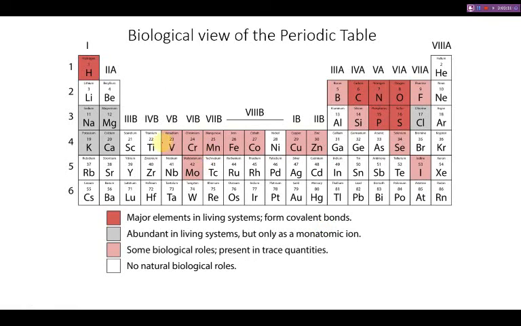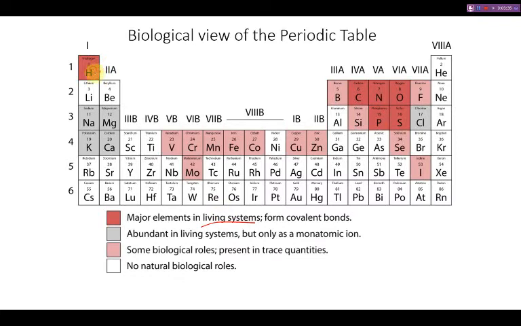Now, taking a look at the periodic table, we talked about these are the different elements. We're going to learn how to interpret the different numbers and symbols that are here. But something to point out is that the periodic table has meaningful relevance for our living lives. So within living systems, there's about half a dozen elements that are very prevalent and that make up the majority of them.